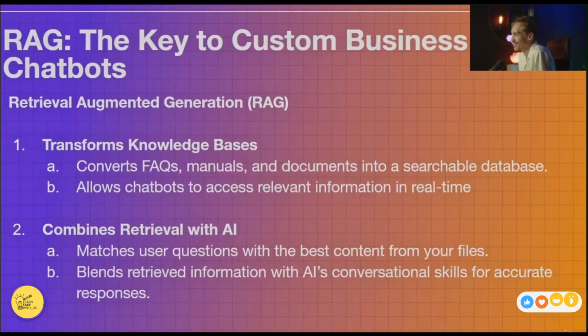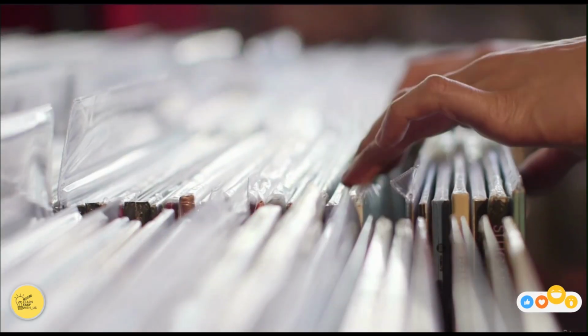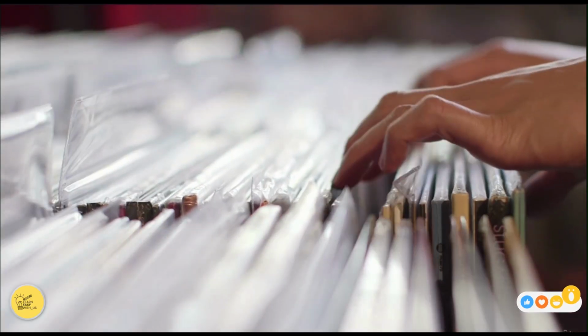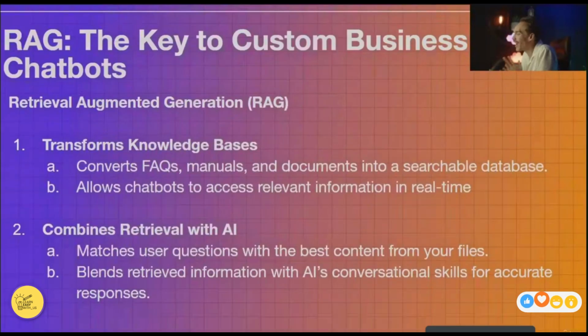Imagine your team spends hours answering repetitive customer queries or digging through manuals for answers. With RAG, your chatbot turns your company's knowledge base, like FAQs and manuals, into a searchable database. It instantly retrieves the exact information needed and blends it with AI's natural conversational skills for responses that are accurate and deeply relevant.